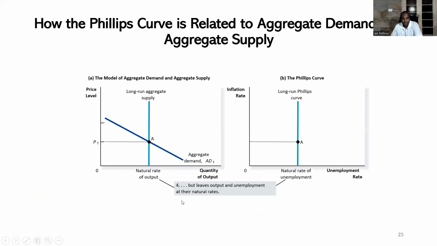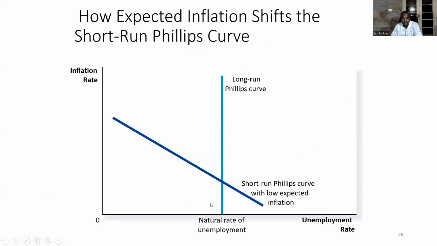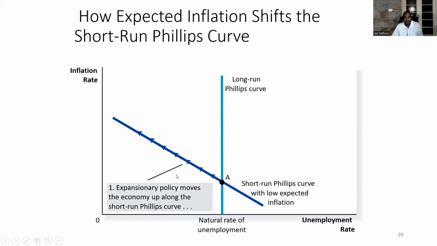So I was just explaining that when we assume adaptive expectations, as the monetary authorities engage in expansionary monetary policy, the economy will move along the same short-run Phillips curve from point A to point B due to expansionary monetary policy.